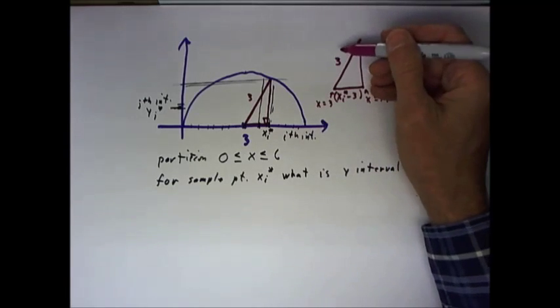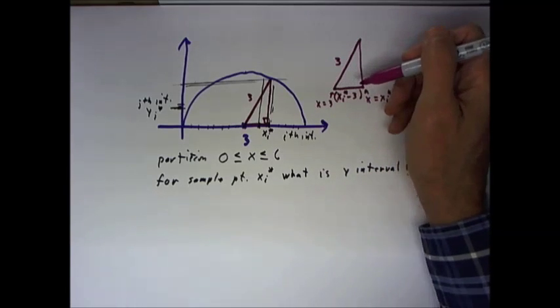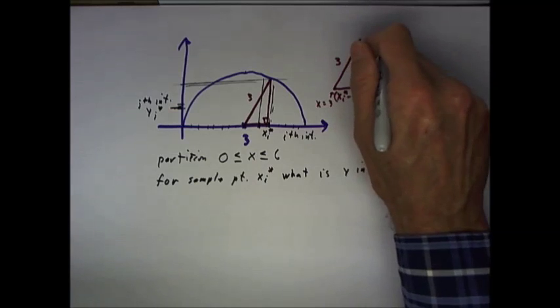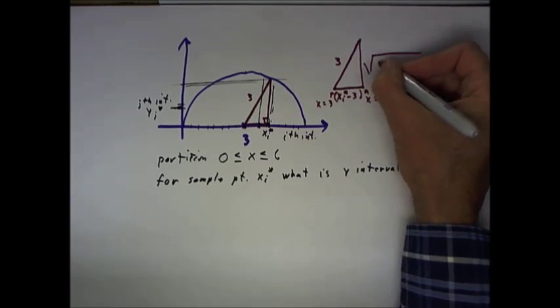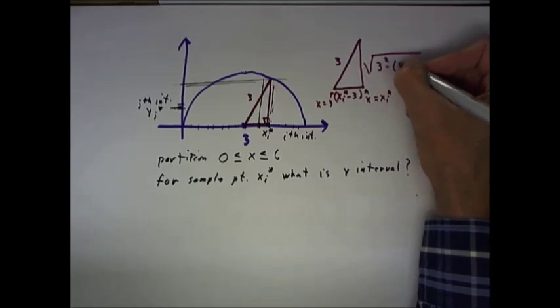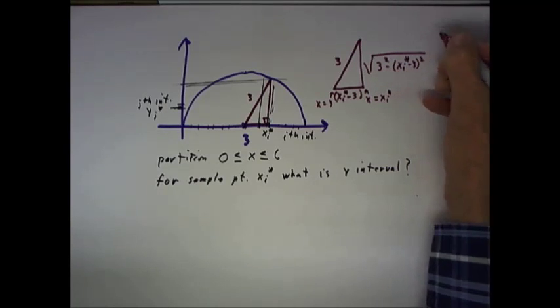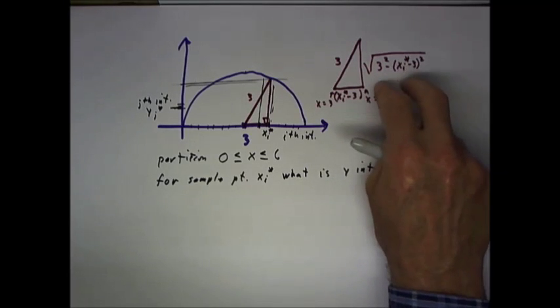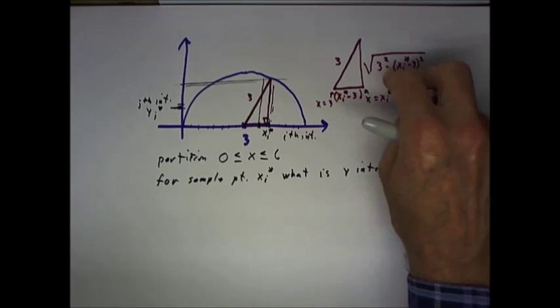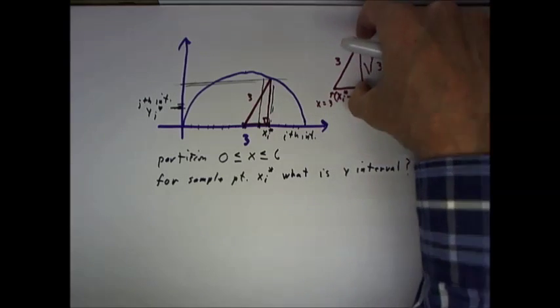So the triangle has side 3, side xi star minus 3, so that this side, by the Pythagorean theorem, is going to be the square root of 3 squared minus the quantity xi star minus 3 quantity squared. Now that can be simplified, but right there is an expression that gives us this distance.